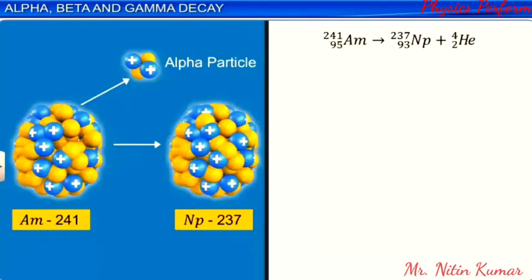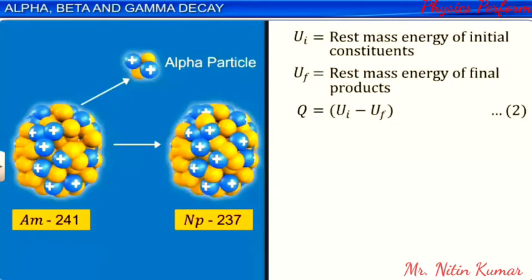The difference between the rest mass energy of the initial constituents and that of the final products is called the Q value of the reaction. If Ui denotes the rest mass energy of the initial constituents and Uf denotes the rest mass energy of the final products, then the Q value for the reaction will be equal to Ui minus Uf.